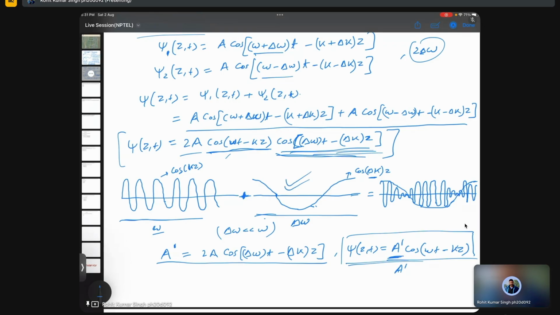But the actual wave is a fast traveling wave, varying like this. So when you combine this, you will get something like this. The superposition of the two waves, basically with different frequency. Something like this you will get.